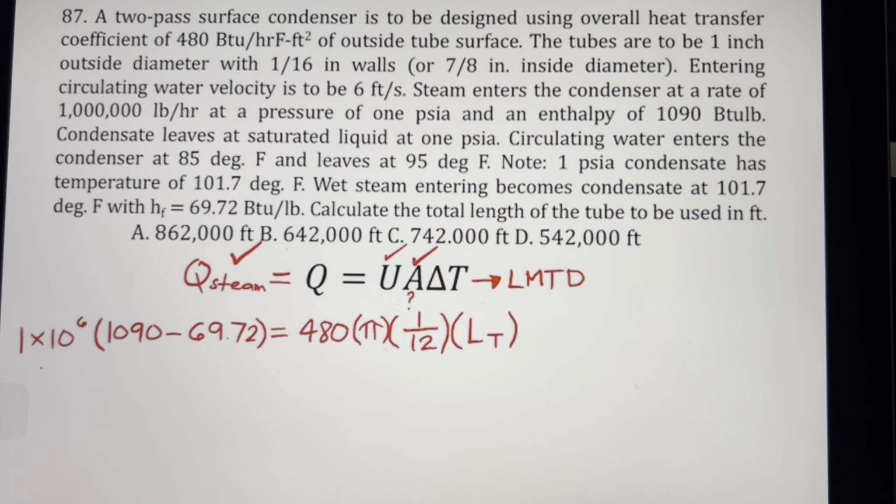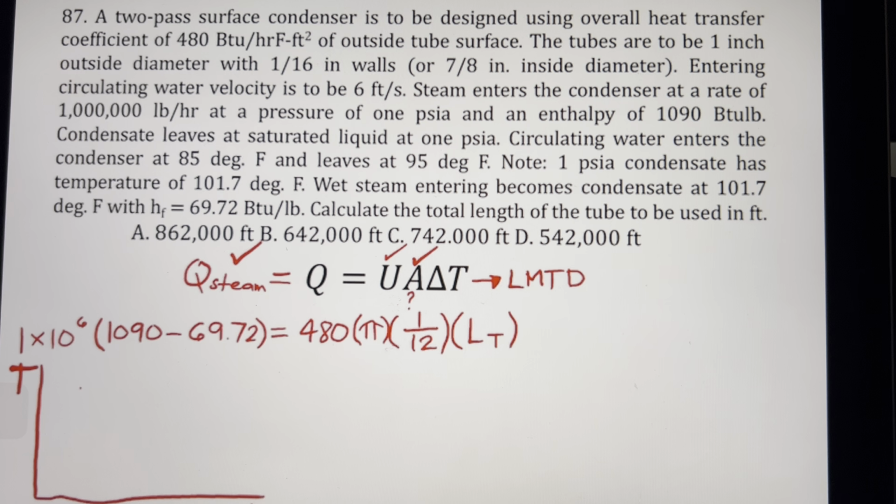And how about our LMTD? So first, we have to draw our temperature length diagram, and we have to draw the path of our fluids. So let's start with our hotter fluid, which is the steam. In terms of temperature, it enters at 1 psia, which is at 101.7. And as you all know, inside the condenser, it is an isobaric process, which is also an isothermal process because the process is condensation.